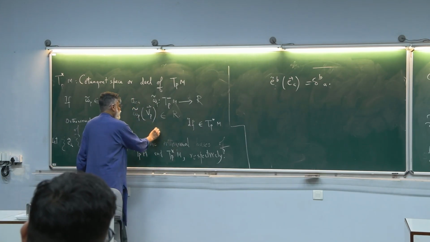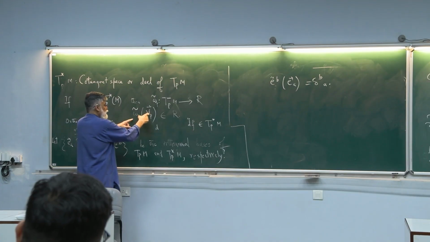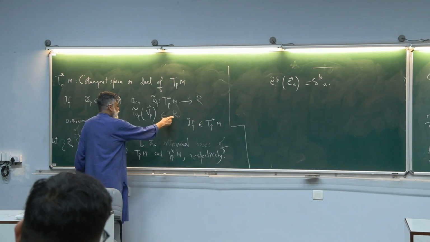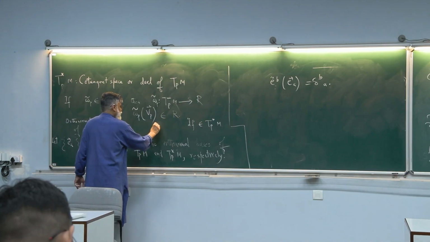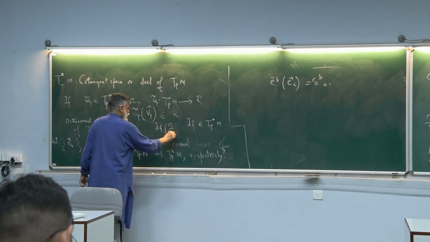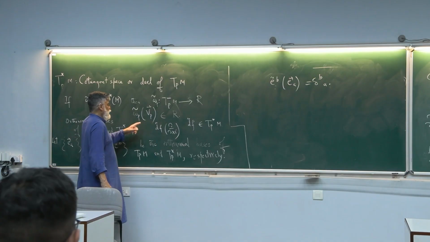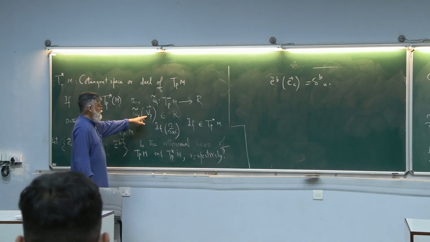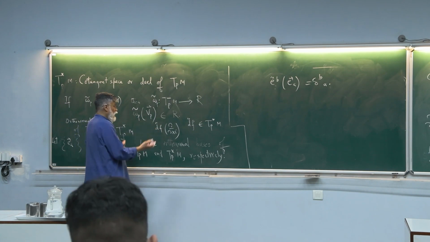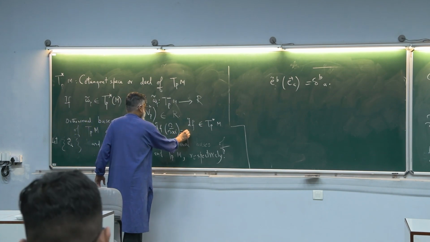This acting on Vp gives a real number, and the idea is that df, when it acts on one of the basis vectors, let us say del by del x i, produces a real number, because del by del x i is a valid vector. What is that real number? It is del f by del x i.